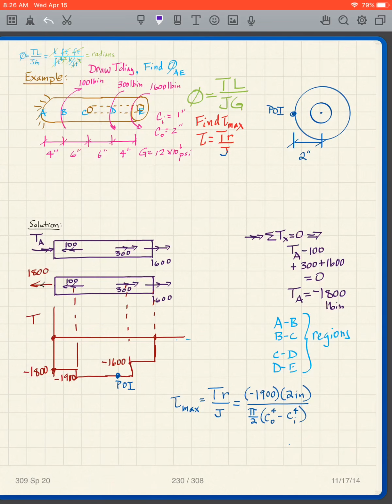But on this particular case, notice I've hollowed out a portion of the shaft. So the right part of the shaft is hollow. The left part of the shaft is solid. We have an inner radius, an outer radius. We're going to have a point of interest right there at the edge.